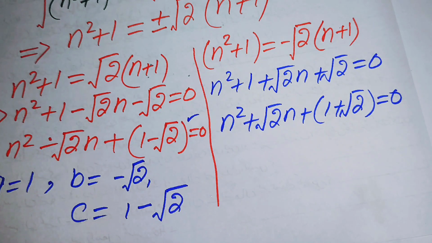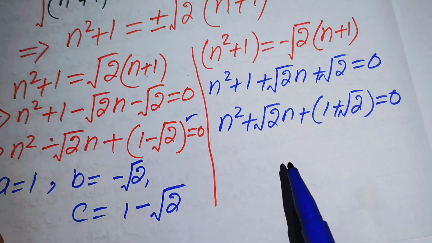Now you can similarly solve this quadratic equation in this pattern, and you will find the other two roots, which are in the form of iota, or you can say complex roots of this equation.